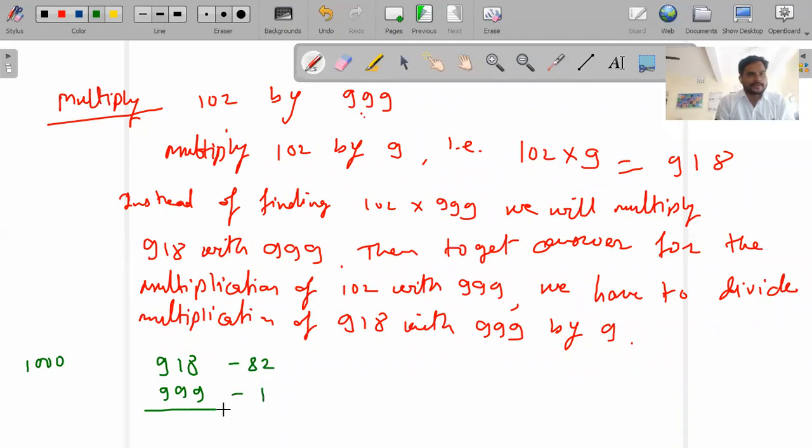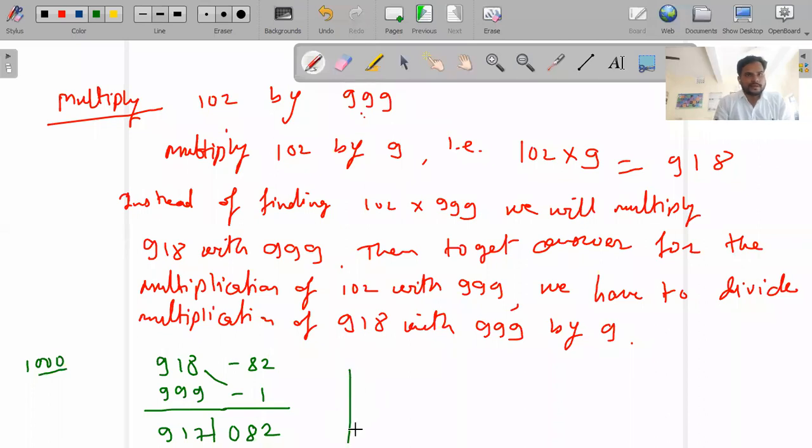And here minus 1. So multiply these two: minus minus plus, 82 into 1. That is 82. But how many zeros? There are 3 zeros. So what I have to write down? I have 082. And again subtract these two: 917.